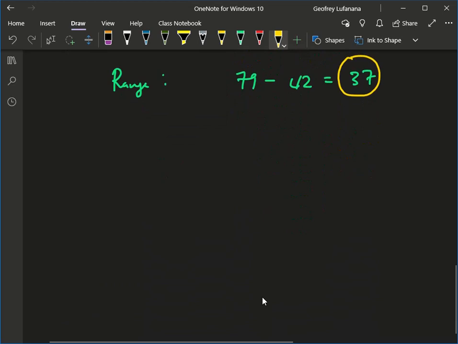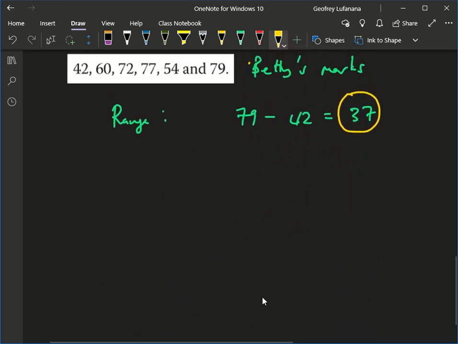Now, because range is affected in such a way, it does not give us a good description of the marks of both Betty and Ali. So we introduce another measure of spread, which is called the interquartile range.